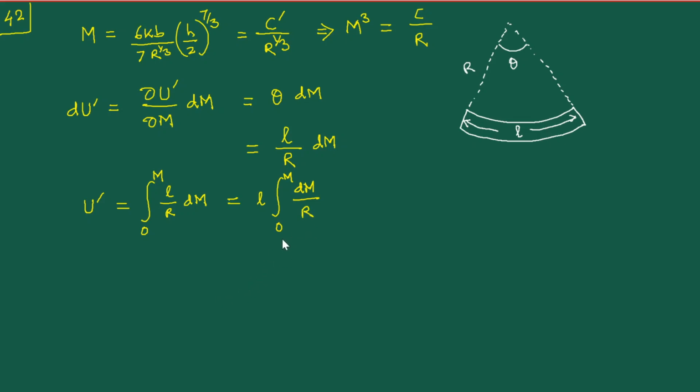And this entire integration that you note is some function of the bending moment, and it is exactly that what I'm going to write this as. So the u dash is like this.